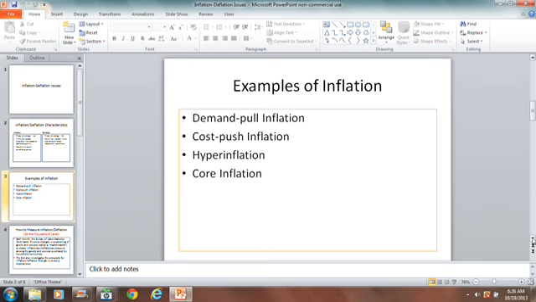So hyperinflation results in prices increasing at a hyper rate, and it's just devastating to the economy. Purchasing power basically vanishes because prices are rising so much faster than income.